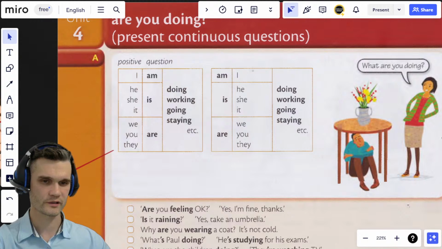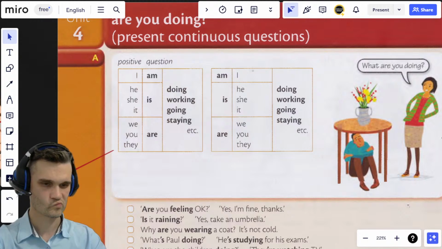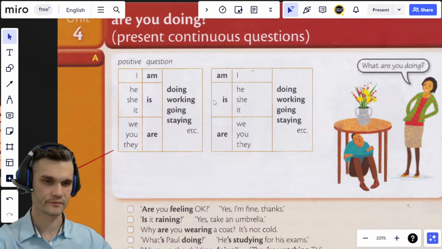Okay, thank you, Google Translator. All right, whatever. I cannot find it, but I will find it a bit later.